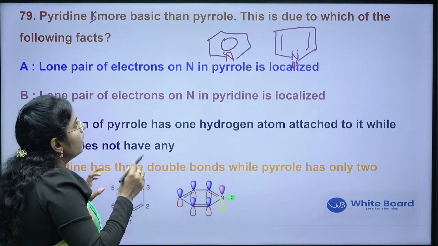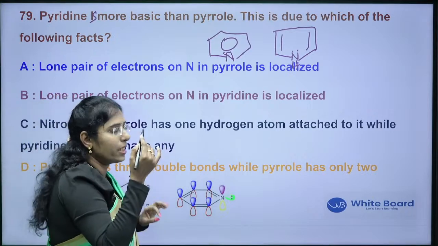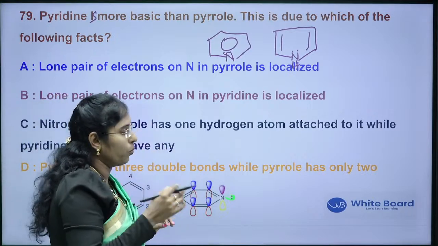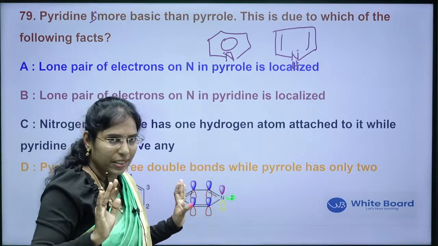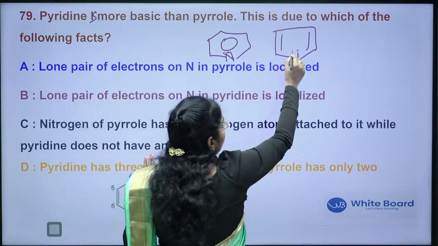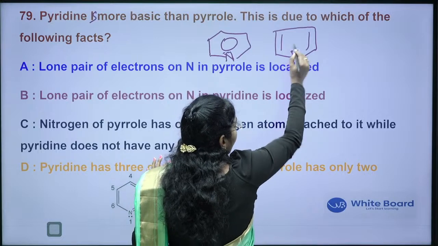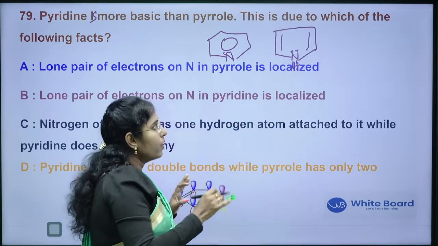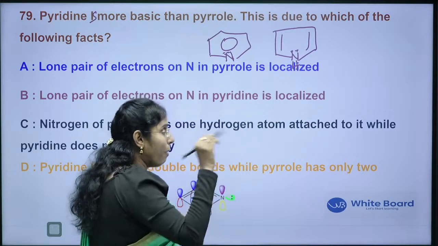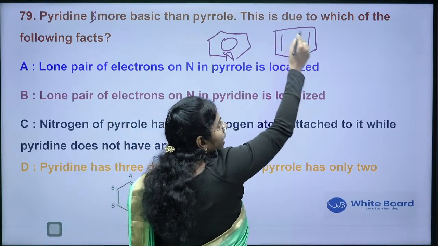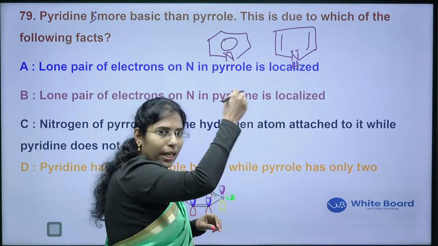So, what is meant by basic nature? Which accepts a proton is said to be basic, right? Here it is having a lone pair of electrons on it, so it can readily accept the proton because of that lone pair. But in pyrrole, these lone pair of electrons are involved in delocalization.